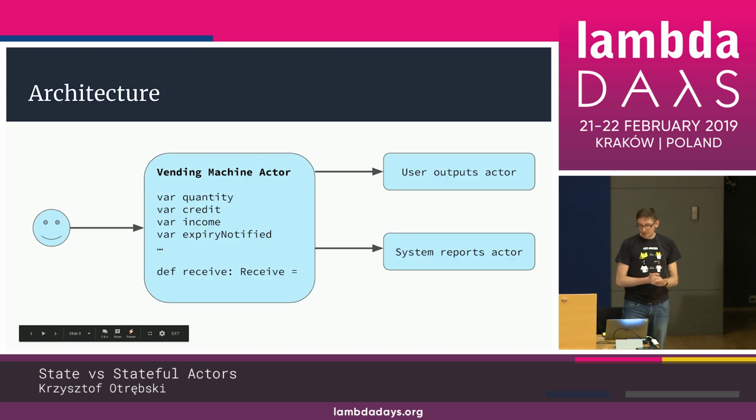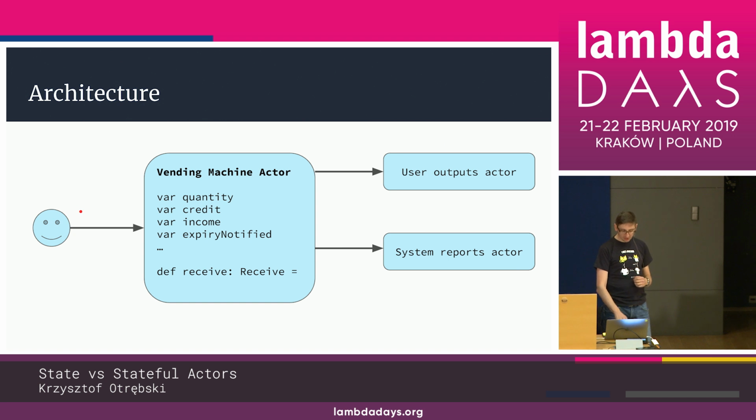So the architecture of this program is pretty simple. We have a user who is interacting with the machine, and his interactions are translated to messages, and these messages are sent to an actor, the vending machine actor, which contains a few vars and one big receive block. So it's a very fat actor.